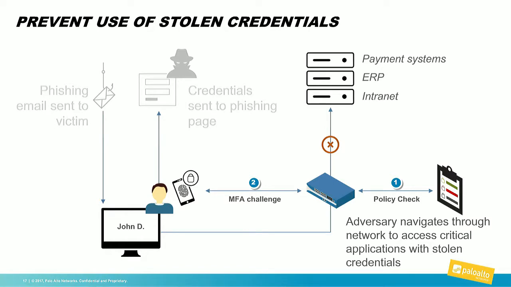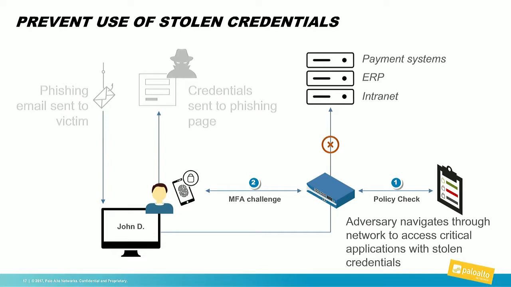And then thirdly, let's say that a user's credentials have already been stolen somehow. Here, the firewall can serve as a multi-factor authentication gateway, and prompt for a multi-factor authentication challenge each time a new sensitive area of the network is accessed.